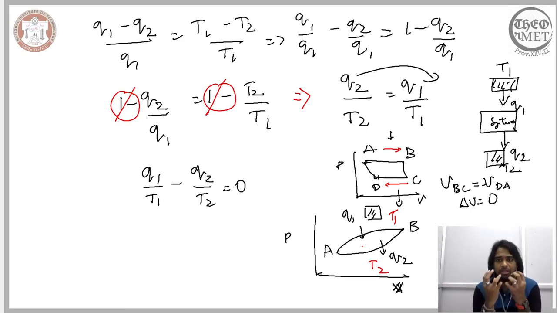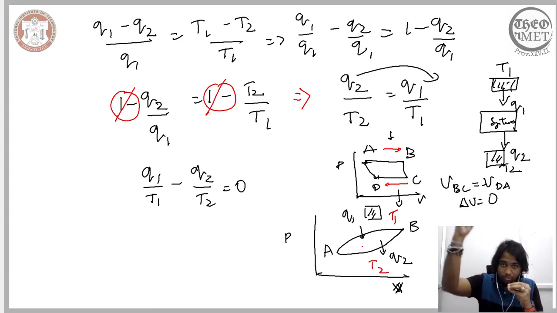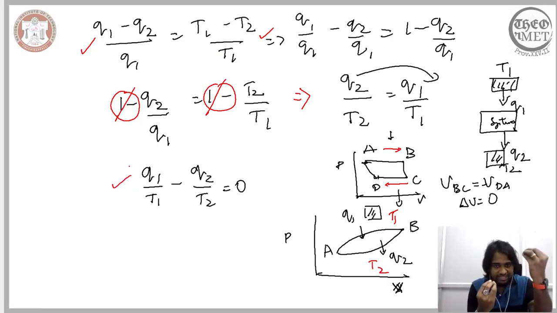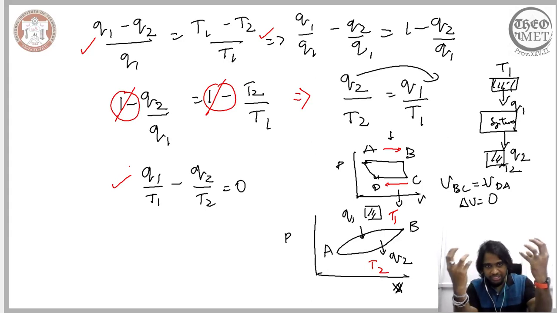So let me repeat, we began our discussion with the Carnot cycle. From the Carnot cycle we arrived at an expression for the efficiency. We have a canonical description of efficiency mentioned here, and we arrived at this description based on our Carnot cycle. We related these two and arrived at an expression like this. This expression just relates the heat transfer and the temperature associated with the reservoir.